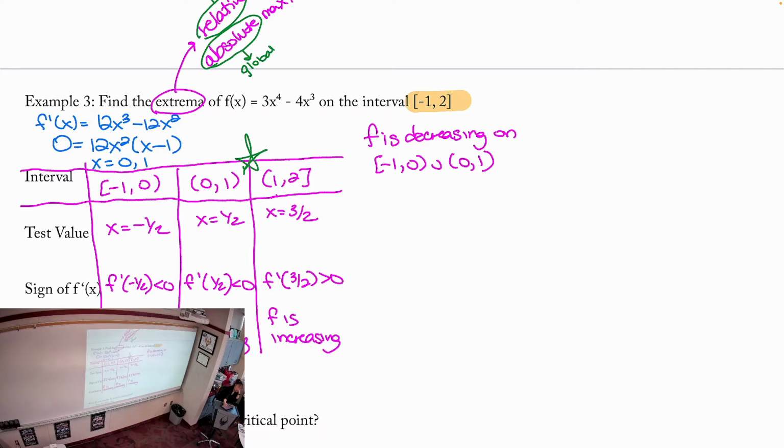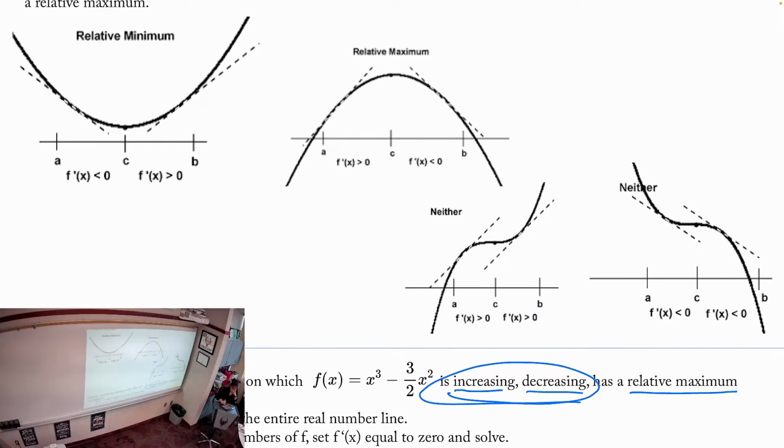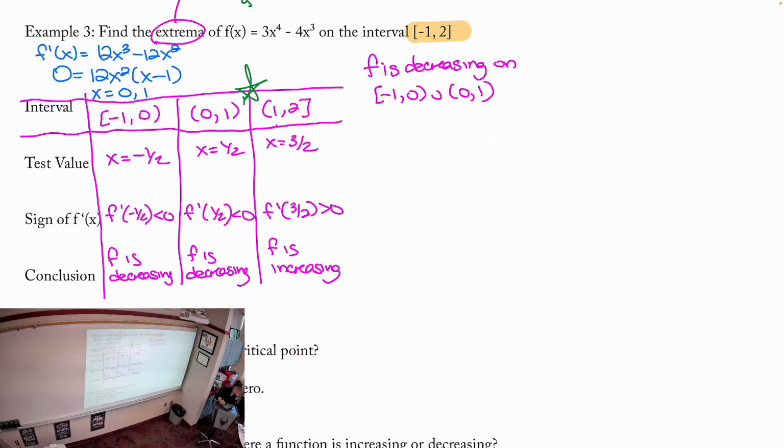Because I can have this situation here where I have a horizontal tangent line, but my function doesn't change direction.